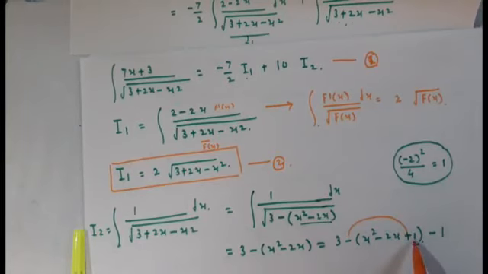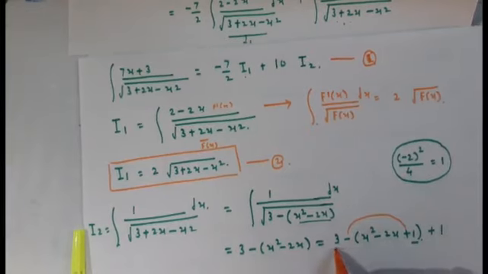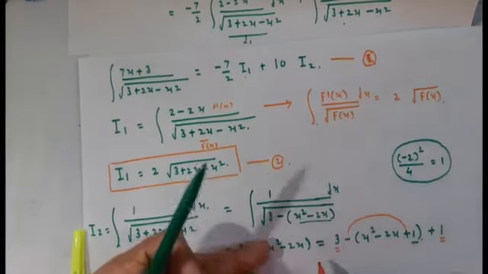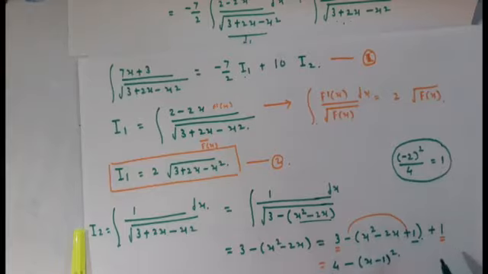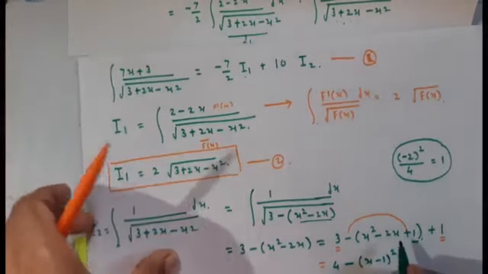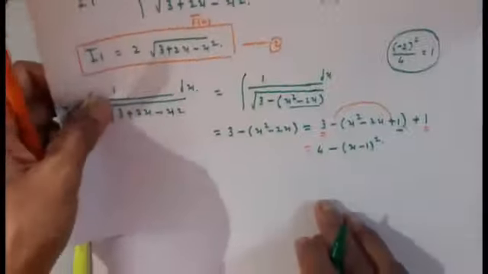That means we have adjusted minus 1, and that's why now we have to adjust plus 1. So this is 3 plus 1, that is 4, minus the square of x minus 1 whole square. In this way we have adjusted the terms.